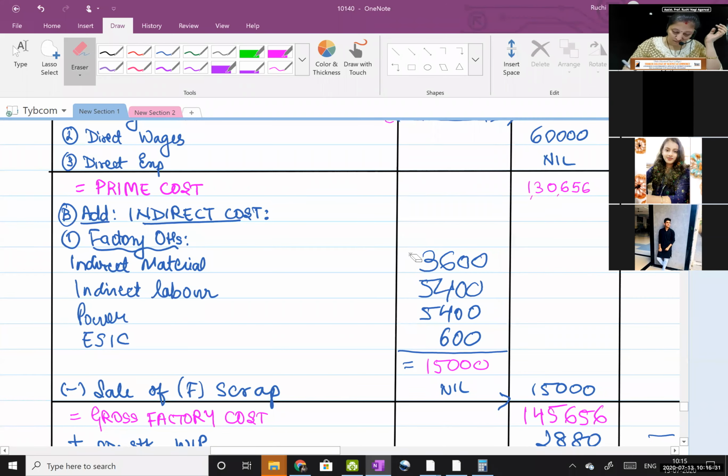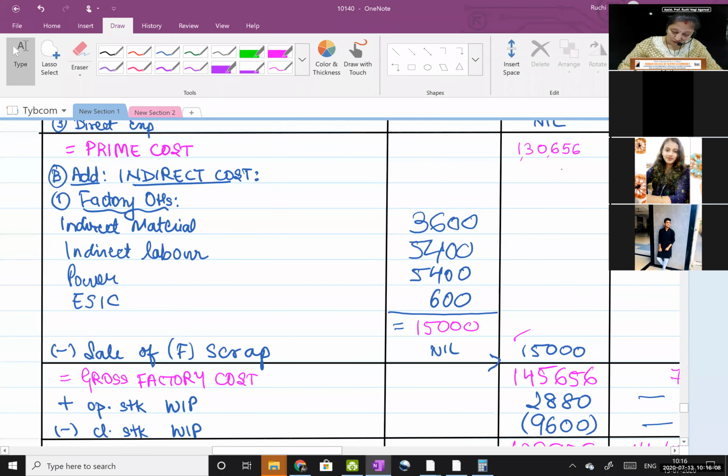Less sale of factory scrap not given, put a dash or write nil. Take the total in the outer column, 15,000. Okay. Then, as I keep saying, what to do next? Take the outer column total, the previous total. So, to this, I will add my prime cost.